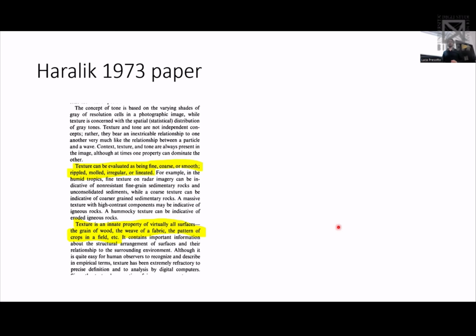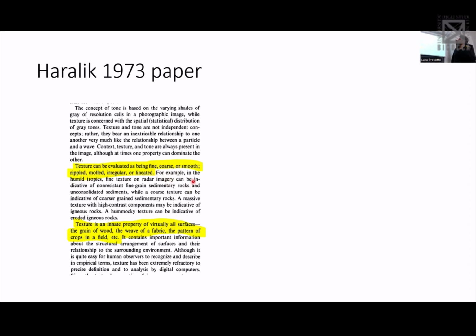This concept goes back to 1973, introduced by Haralick, who was doing analysis of satellite images for automatic detection of what's in an area, whether it was buildings or crops or woods or forests and so on. So texture can be evaluated as fine, coarse, smooth, rippled, molded, irregular, lineated, and so on.